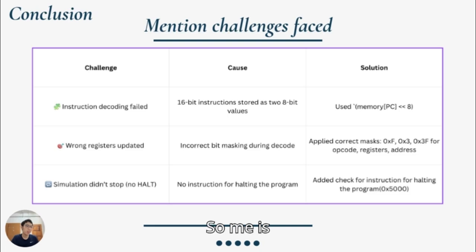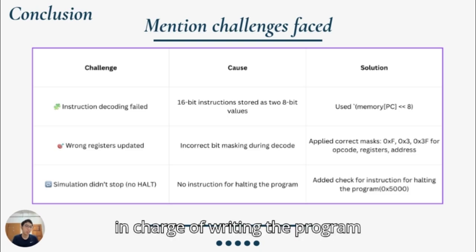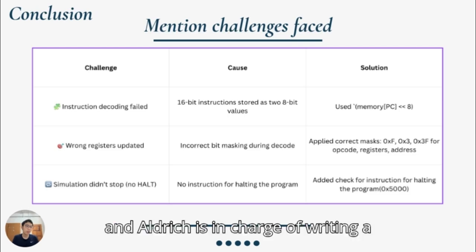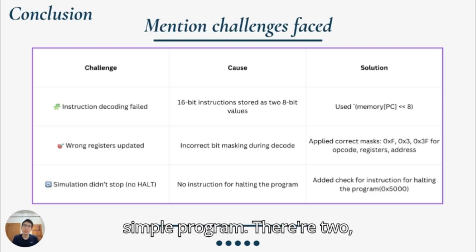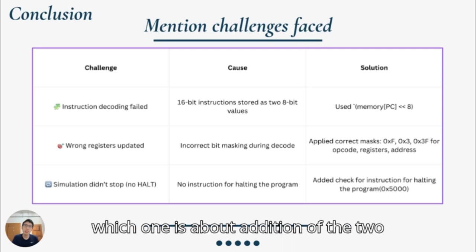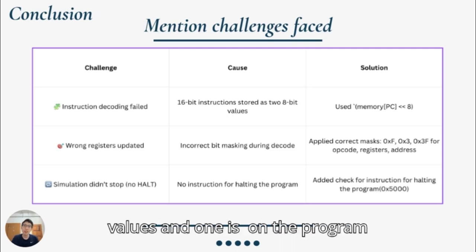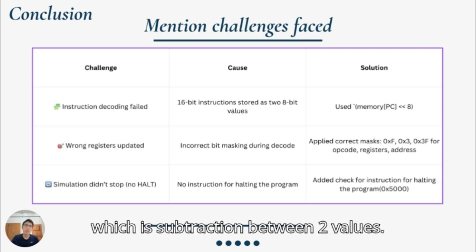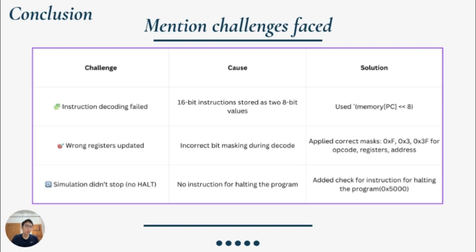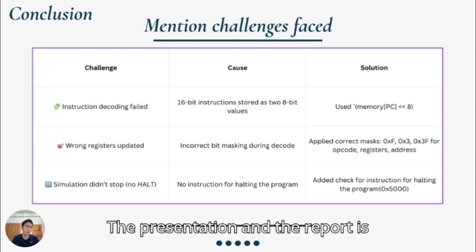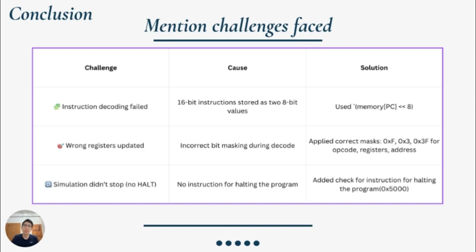I am in charge of writing the program, and Eldrick is in charge of writing simple programs. There are two: one is addition of two values, and the other is subtraction between two values. The presentation and the report are also divided among us. That's all.